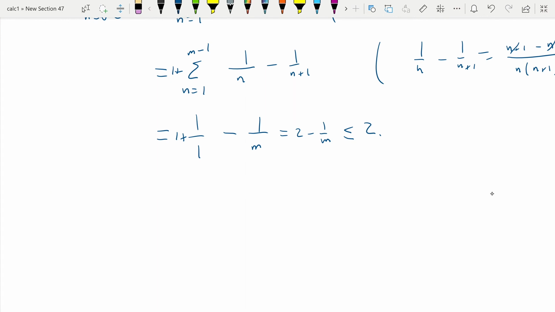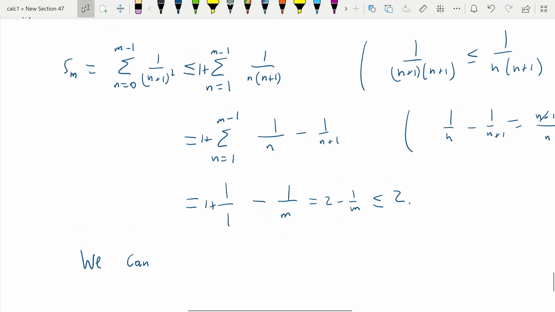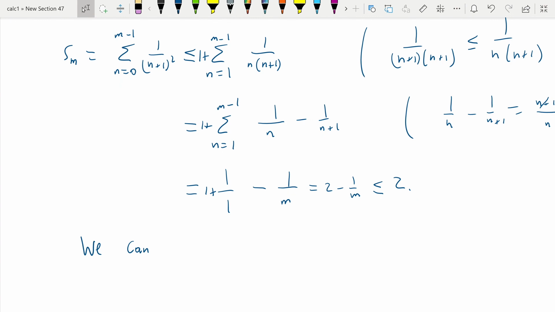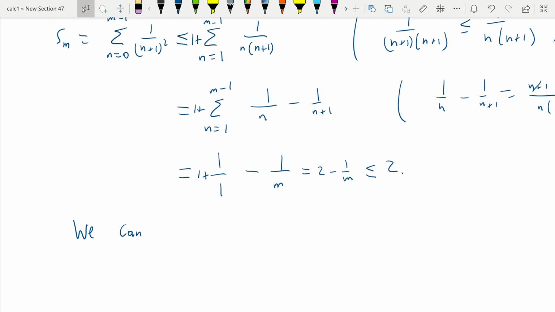So we can assure then, since Sm is increasing, so it's monotone, and it's bounded, we can certainly say or guarantee that Sm will be convergent by virtue of the monotone convergence theorem.